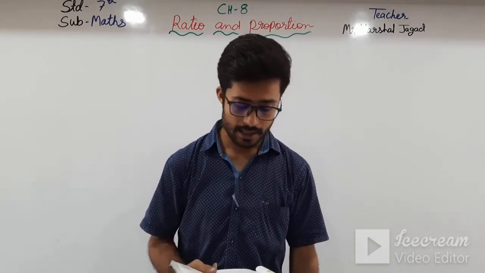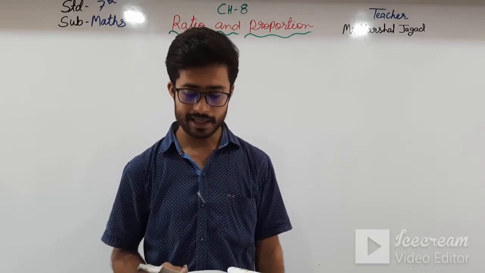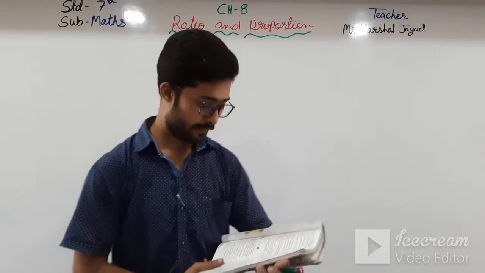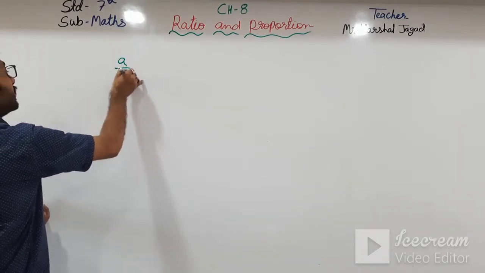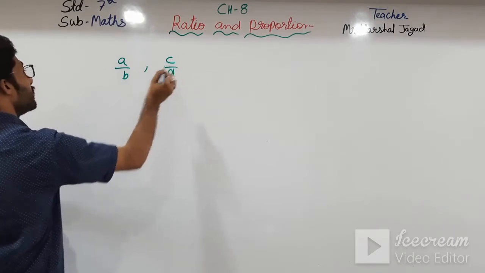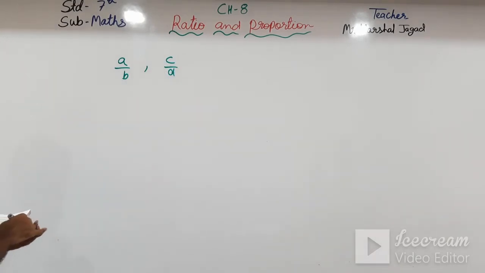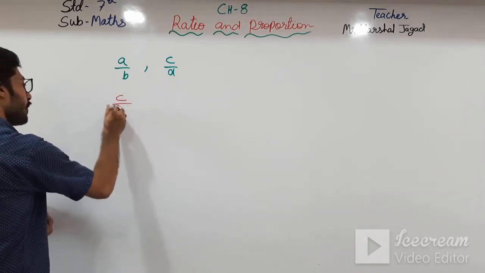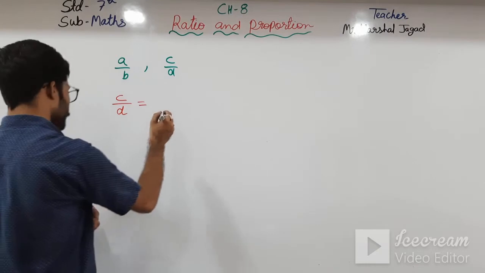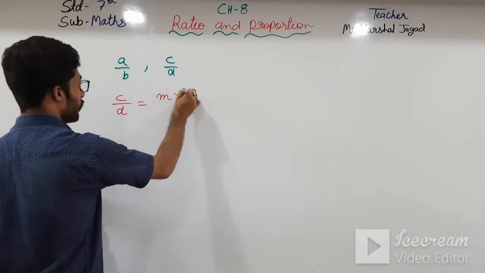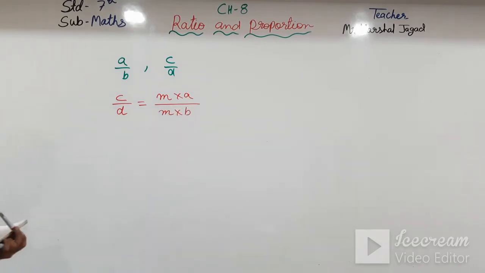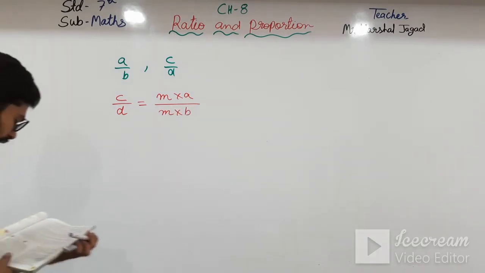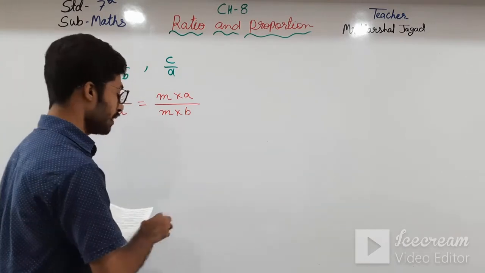Thus A and B is one ratio and C and D is another ratio, such that C upon D is equal to M into A upon M into B, where M is any rational number.